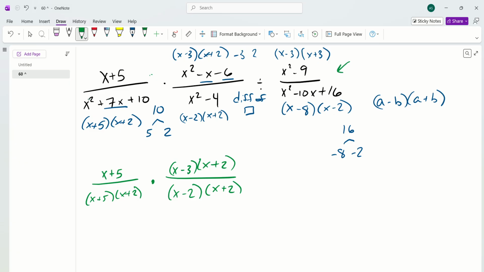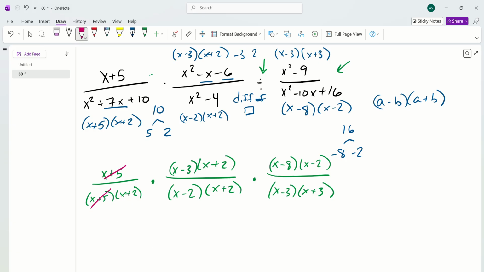But this fraction back here is behind a division sign, so when I'm rewriting it, I'm going to write all of my bottom stuff along the top, and all of my top stuff on the bottom. I am flipping this fraction. Last but not least, you can cancel the same term.